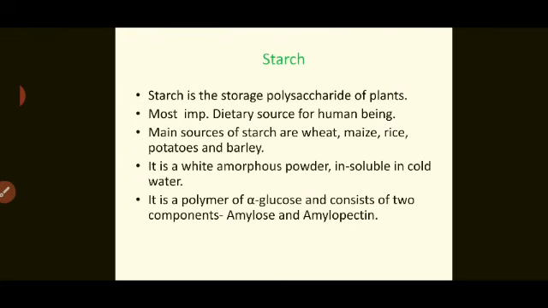So here we have to study in detail, but the structures are not necessary. If you want detailed information or if you want to see the structures, you can go through the textbook, on pages number 410 and 411. So starch is the storage polysaccharide of plants. So it is present in plants.